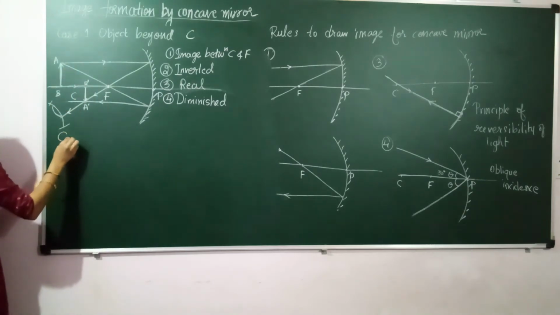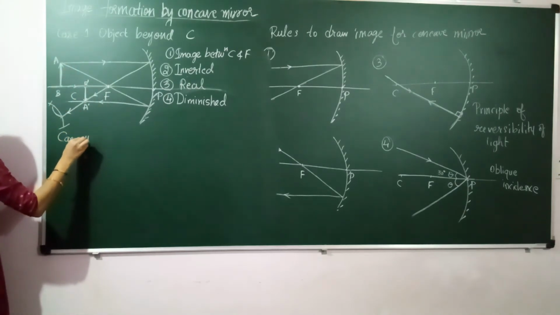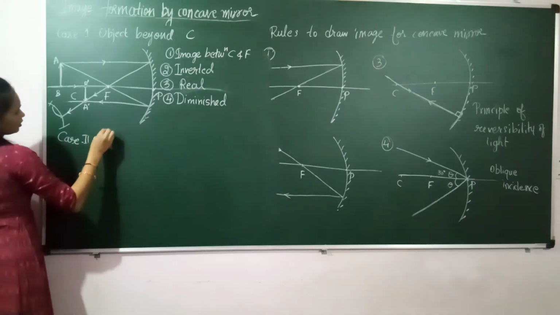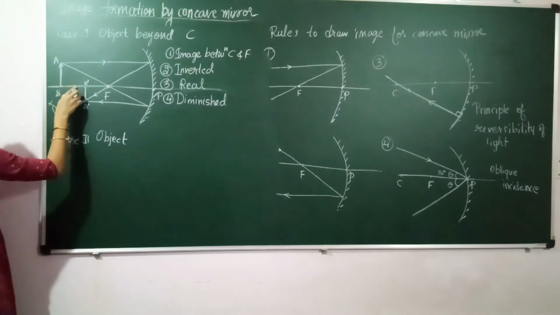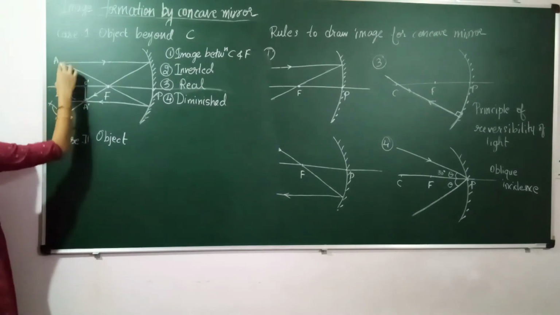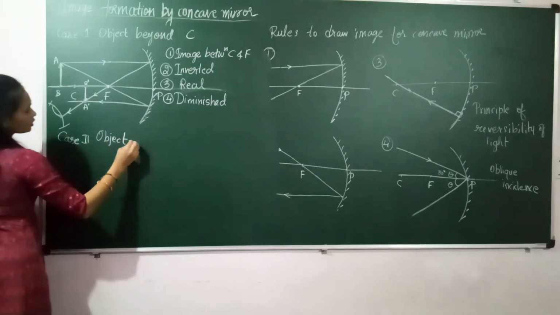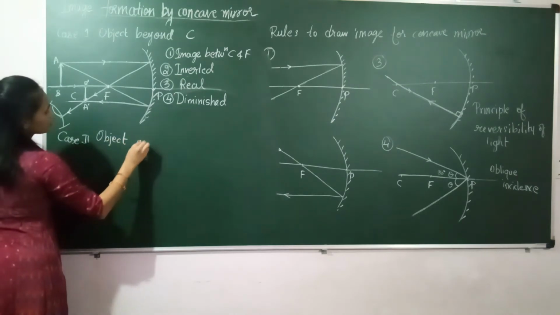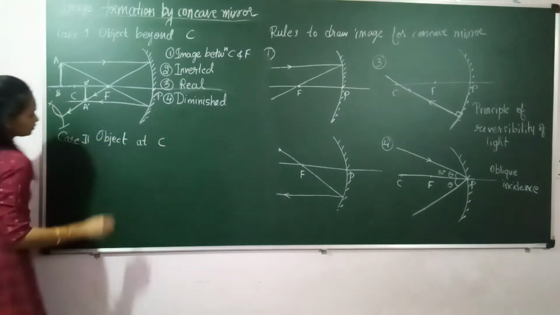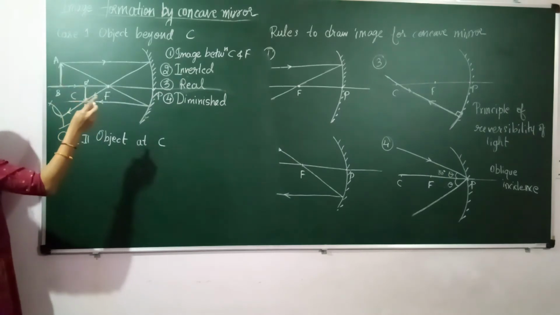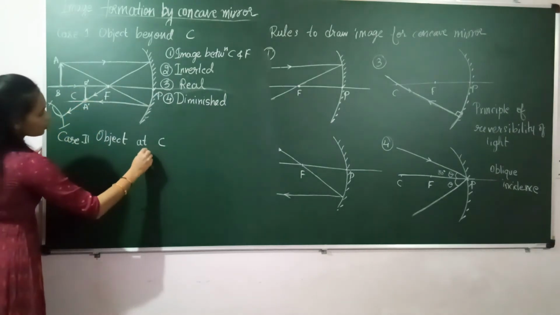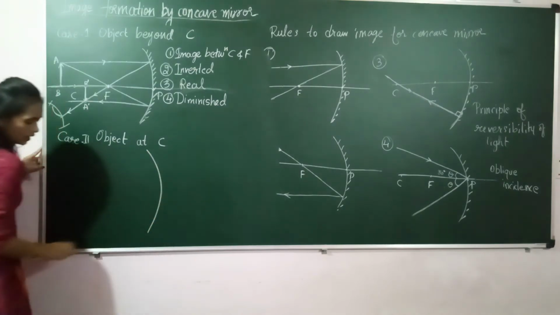Next we will go for case 2, object at C. Now in the first case, the object is beyond C. Now we will take this object and place it at the center of curvature. So when the object is placed at the center of curvature, where will the image be formed, and what type of image will be formed, we will see with the help of a ray diagram.